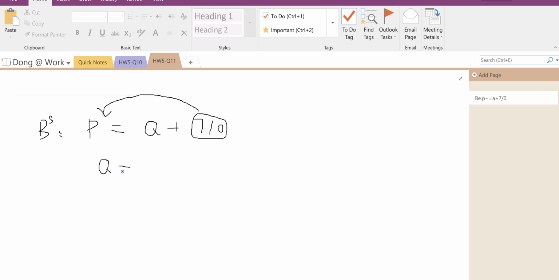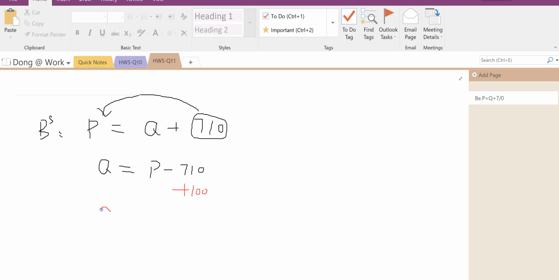So now the supply equation will become Q equals P minus 710. Now you can add 100 to the right-hand side.